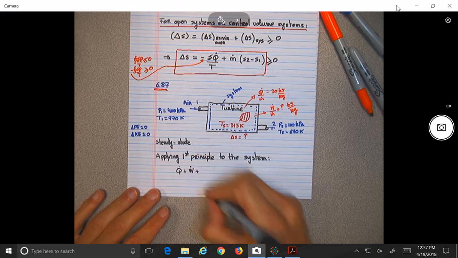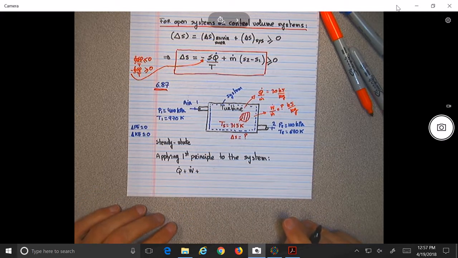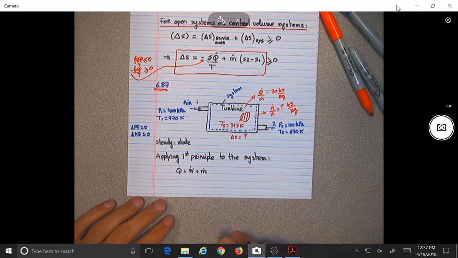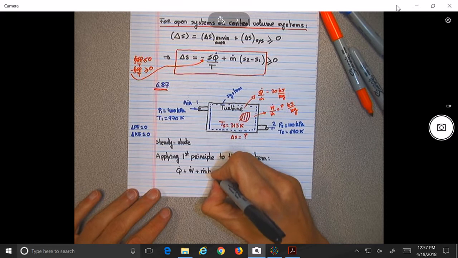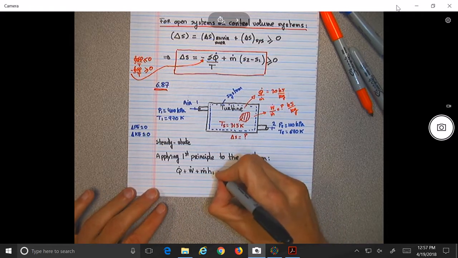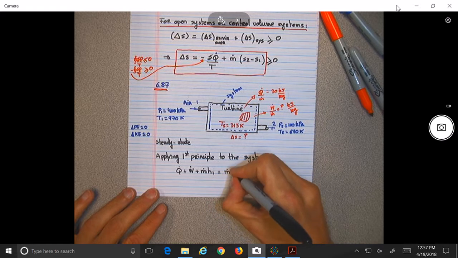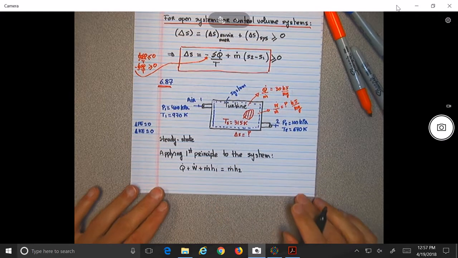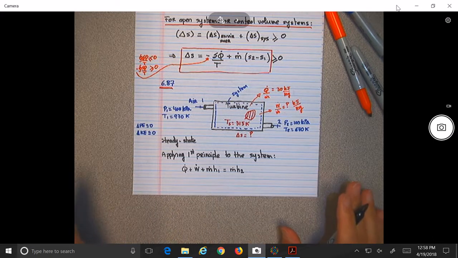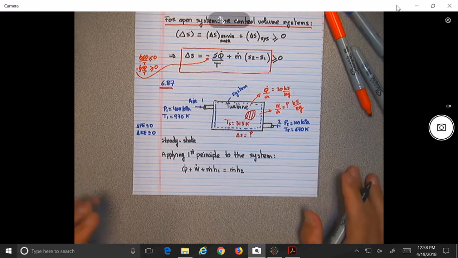plus, if we neglect kinetic and potential energy, what are you going to have? M dot times what? H1 equal M dot H2. Everybody understand that equation? At least you should, okay?